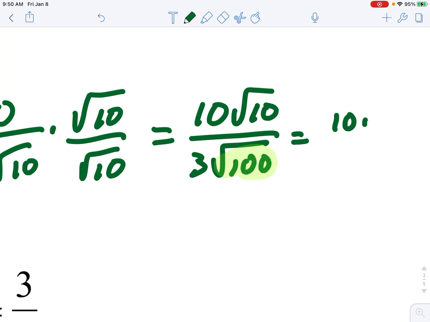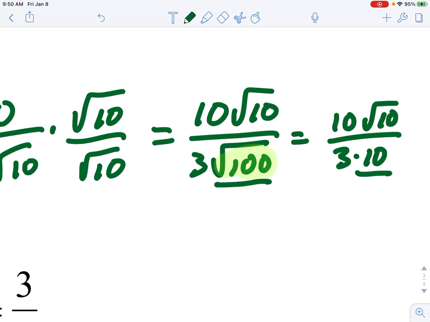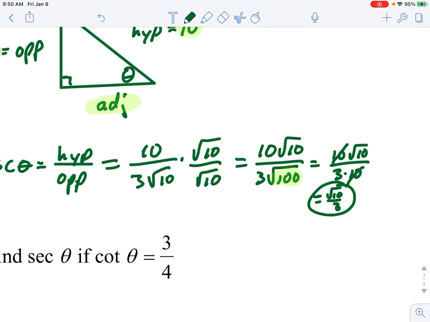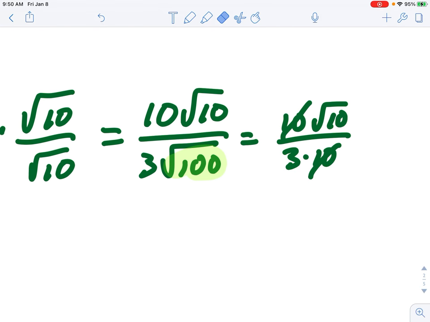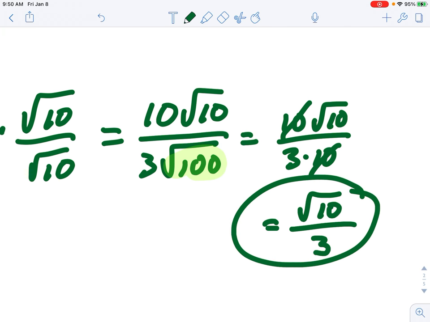So I get 10 radical 10 over 3 times 10. Right? That 100 becomes a 10. And then I can just cancel out those 10s and get radical 10 over 3 as my final answer. And I'm going to rewrite that a little more neatly. Radical 10 over 3.